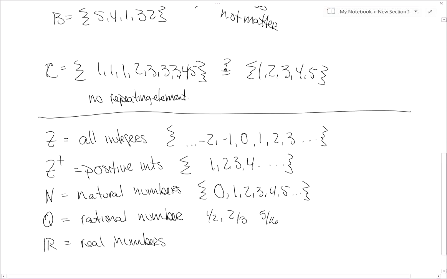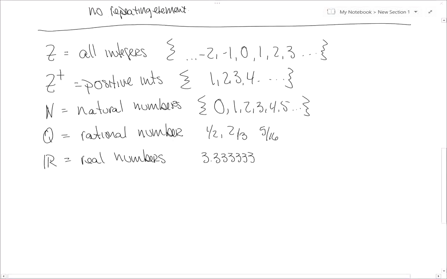So real numbers are fractional numbers and non-terminating decimal numbers like 3.3333, non-terminating decimal numbers. I did want to sneak in here and mention that real numbers also include all rational, but also irrational numbers.